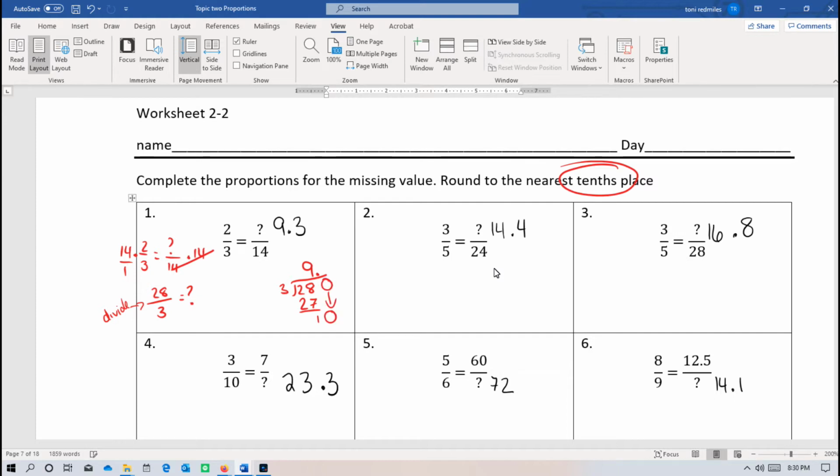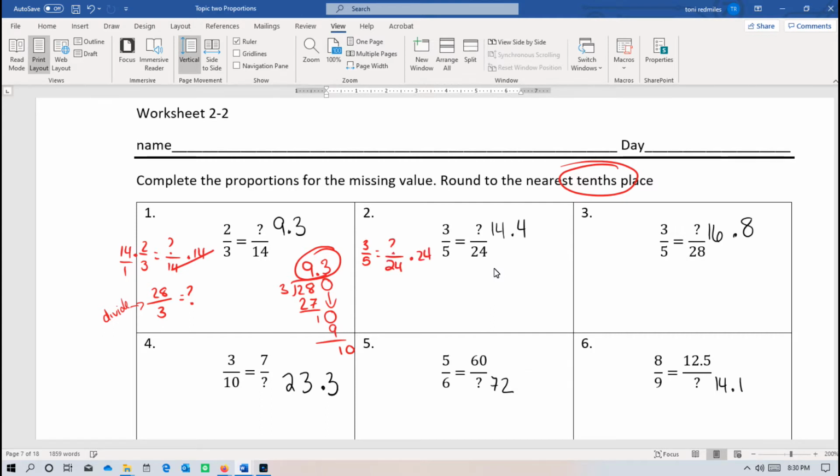In this class, I assume that you know this because in Discovering Pre-Algebra Part 1, we extensively cover how to do problems with decimal operations, how to add, subtract, multiply, and divide decimals along with fractions. So 3 goes into 10 3 times, and I'm just going to keep getting this 10, so I know, yes, the answer is 9.3.